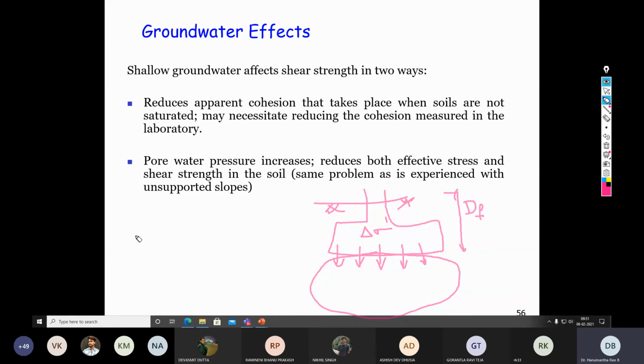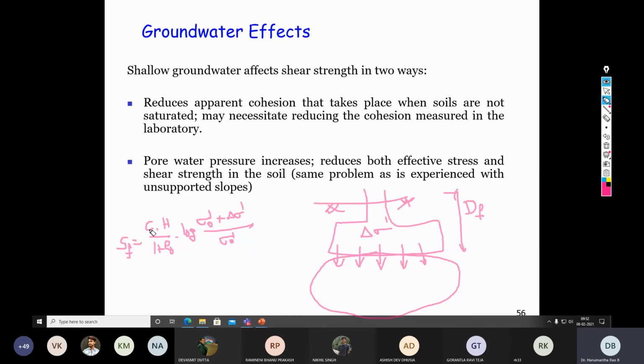So if I write your consolidation equation, Sf is nothing but Cc into H divided by 1 plus e naught, times log of (sigma naught dash plus delta sigma dash) divided by sigma naught dash.